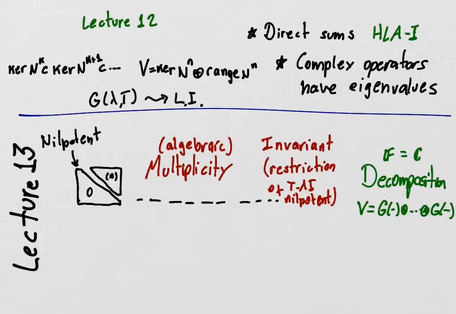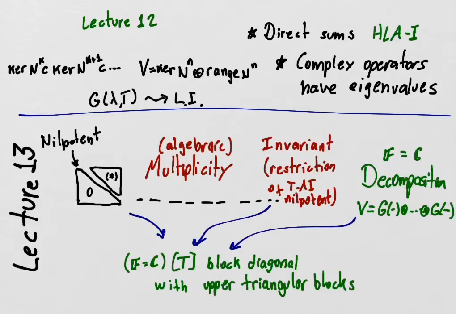And now from there, combining all these three: the properties of nilpotents having a matrix like this, the fact that each of these subspaces is invariant and that T minus lambda I is nilpotent, and the fact that these subspaces span the entire vector space, we concluded by showing that every complex operator can be put in a form where it is block diagonal and each block is upper triangular, and of course with the respective eigenvalue on the diagonal.